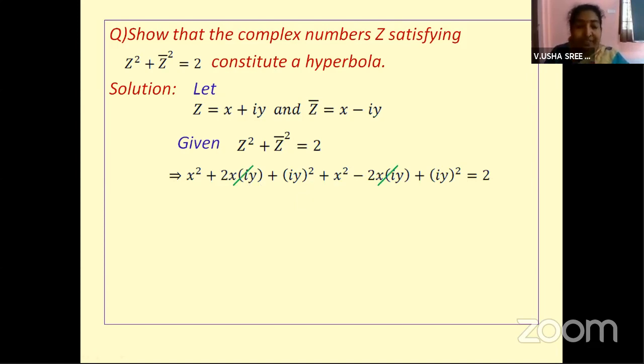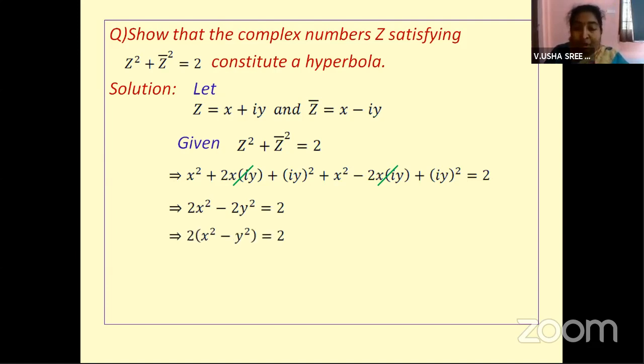And what is left? You have x square plus x square, which is 2x square. And then you have i square y square, which is nothing but minus y square. And here it is minus y square. So it is minus 2y square.